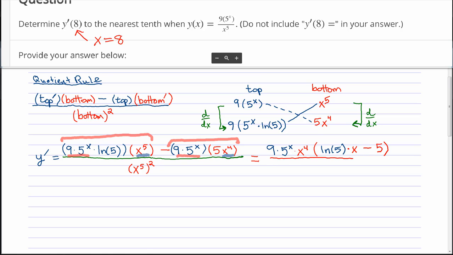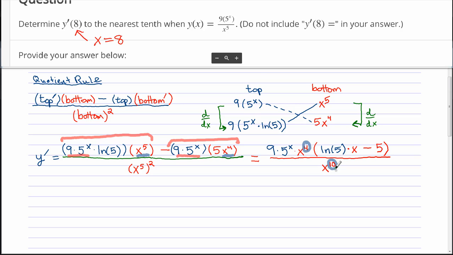And then the bottom, x to the 5th squared, that's x to the 10th. And that's nice now, because now we have an x to the 4th here, and an x to the 10th here, so you can do a little bit of simplification there.